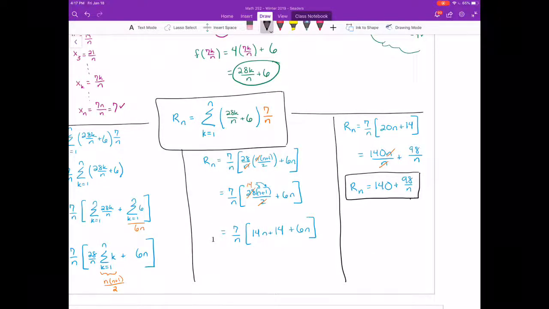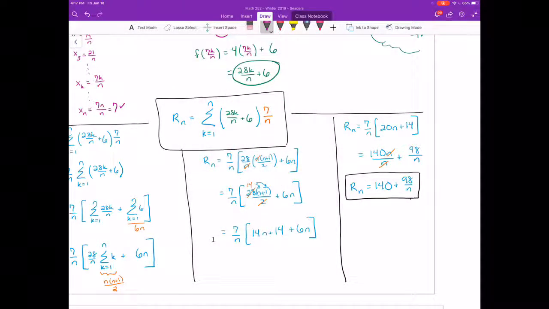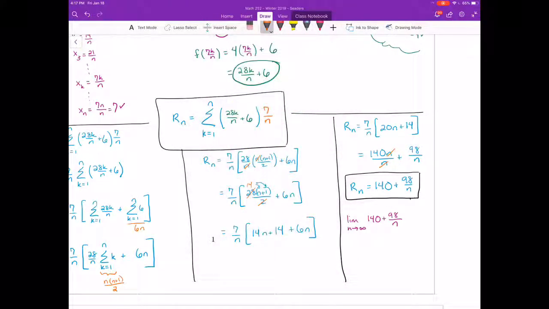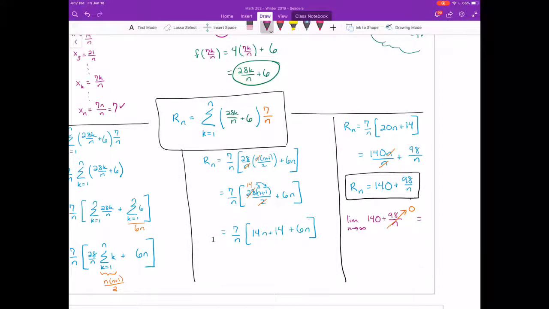Which means now I can take the limit as n goes to infinity of that to get the integral. So the limit as n goes to infinity of r sub n: as n gets really large, 98 over n gets really small, and I get just 140.